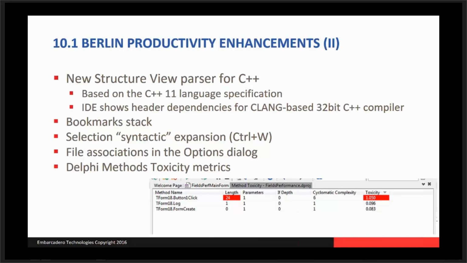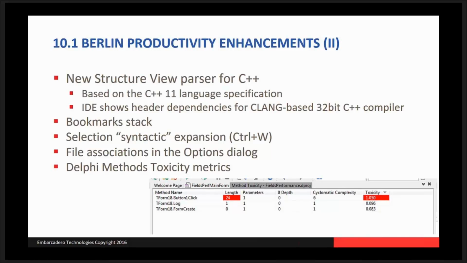And finally, there is for Delphi a methods toxicity metric, the ability to get some metrics about the complexity of the code, the number of nested if statements, the complexity in terms of parameter length, cycles that are part of the code, and the methods that don't fit the standard rules are flagged as potentially dangerous, or methods that you should try to improve and rewrite and refactor in different ways.